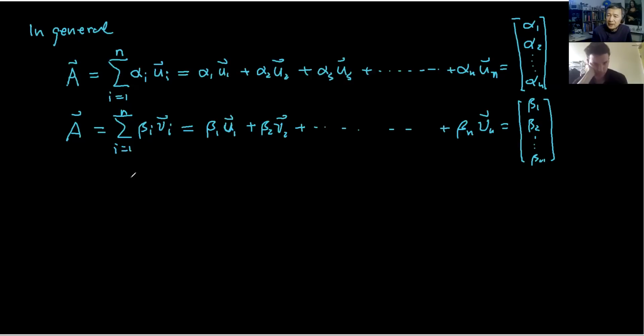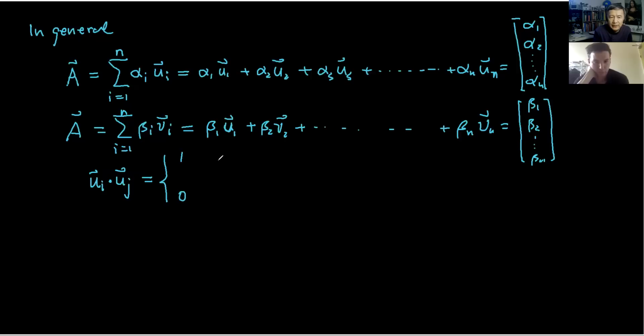Now, when we say it's orthogonal, we can use our knowledge of the dot product to define this. For the first basis, ui dot product uj, do you still remember the dot product? They have two choices, either 1 or 0.